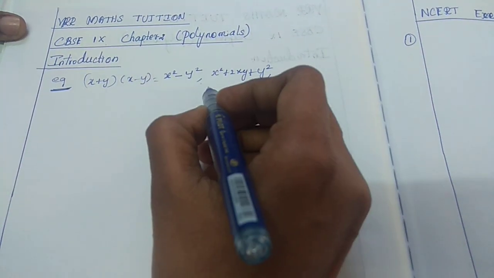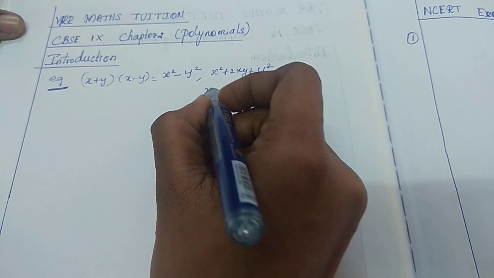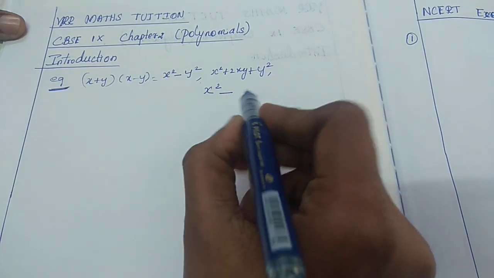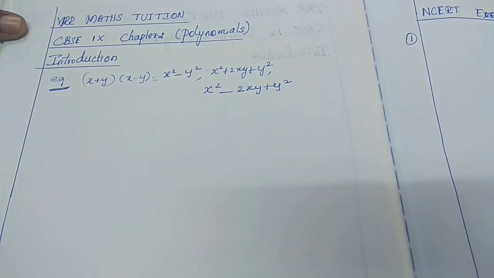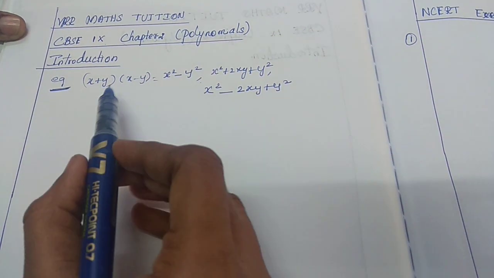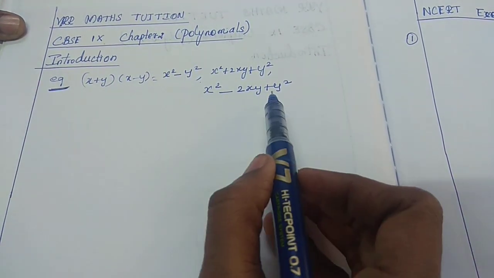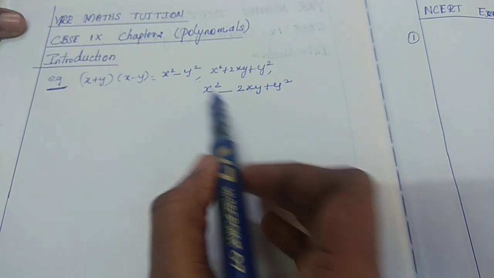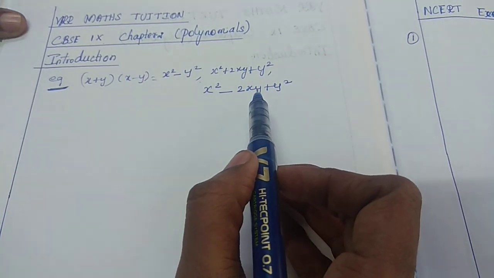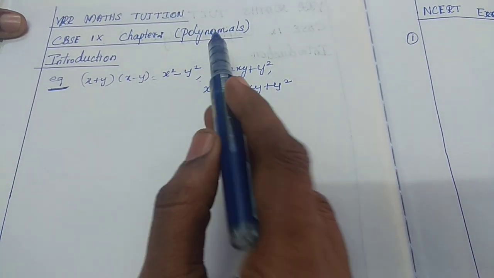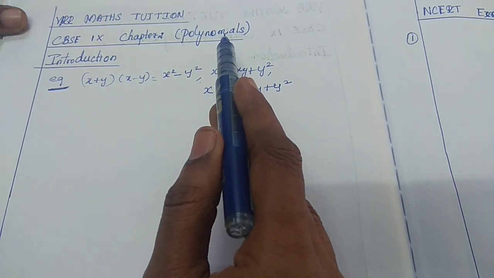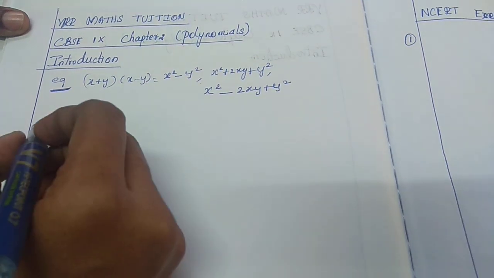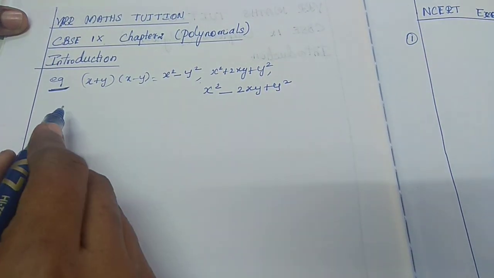And consider one more example, x square minus 2xy plus y square. All represent a particular type of algebraic expressions. These are called polynomials.